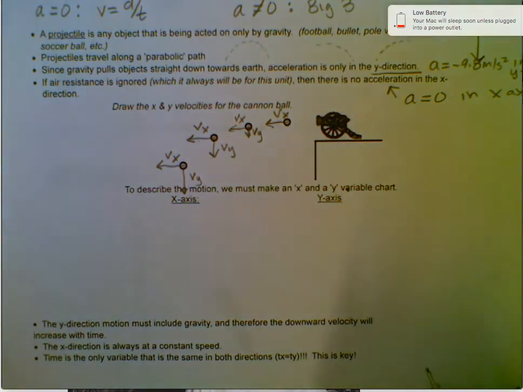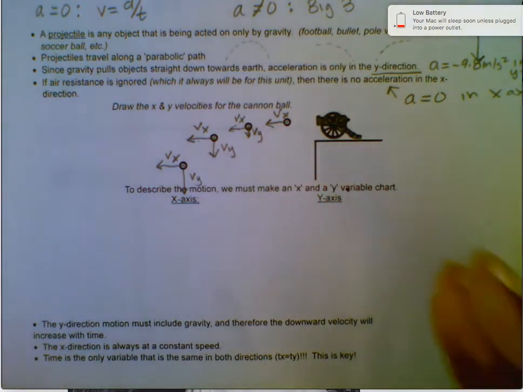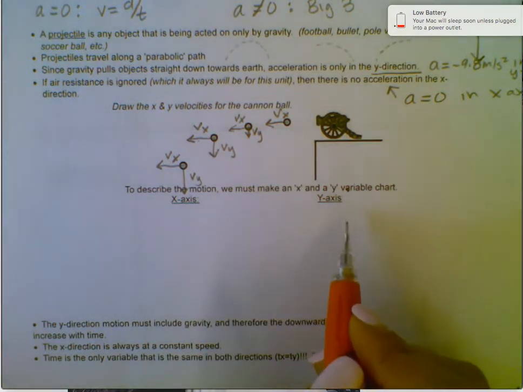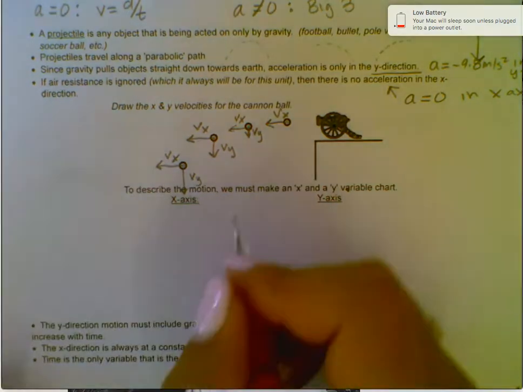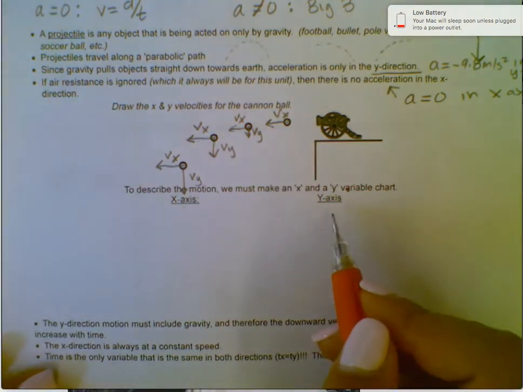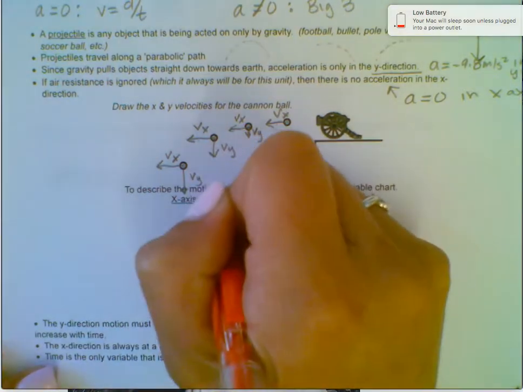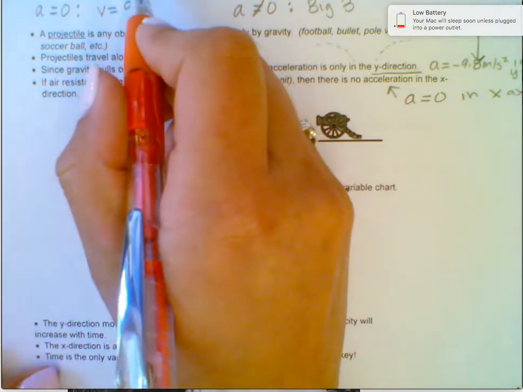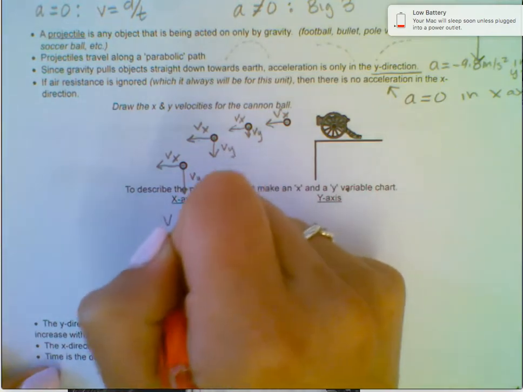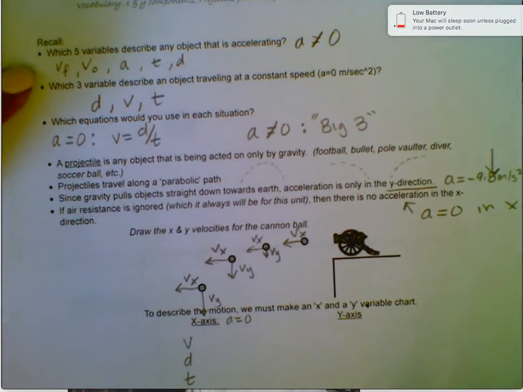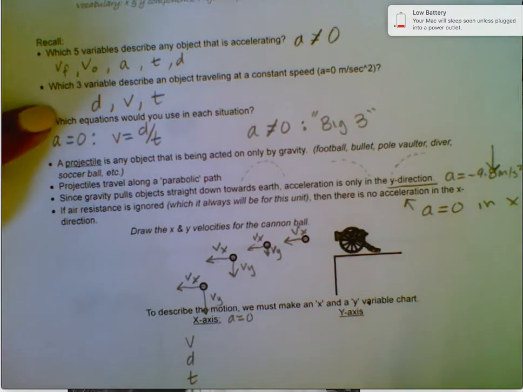Now in these problems for projectiles, we're going to break up our data into an x-axis and a y-axis. We cannot mix these two things, okay? So to describe the motion, we have to make these two variable charts. Since there's no acceleration in the x-axis, we only have 3 variables, as we mentioned up here. So remember, a minute ago, we went through when things are accelerating versus when things are not accelerating.